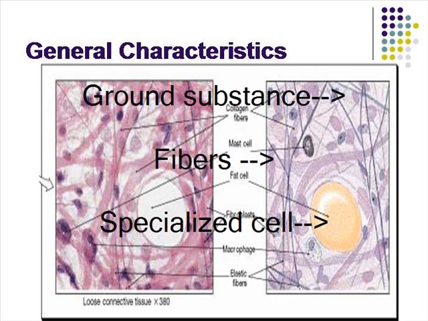The fibers are the strings that you see running through this sample in different directions. There are thicker fibers and there are also thin fibers. We can also see some specialized cells. The largest cell in this picture is a fat cell. There are also some smaller cells, such as mast cells and fibroblasts as well.